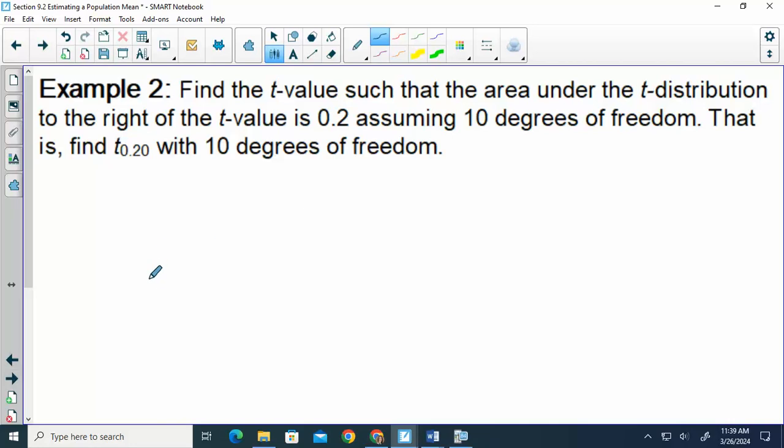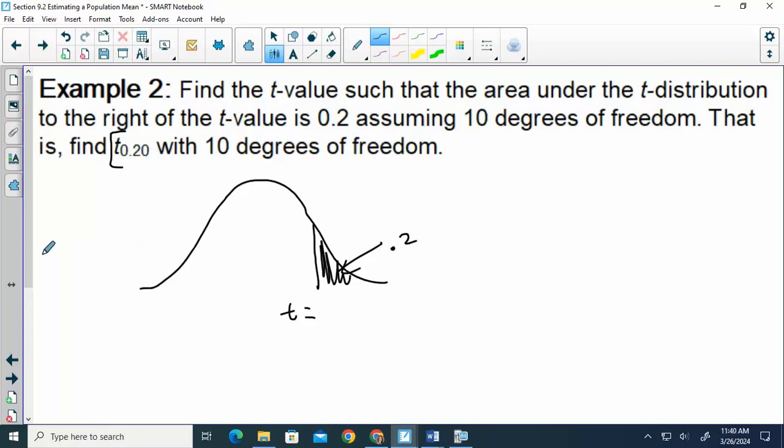Right, so what that means, in the T distribution, this area is 0.2, and you have to find out what T is. Notation you might see is like a T with the subscript of 0.2, 10 degrees of freedom. So we go down the degrees of freedom to 10. We go over until the probability at the top is 0.2. And what is our T value?